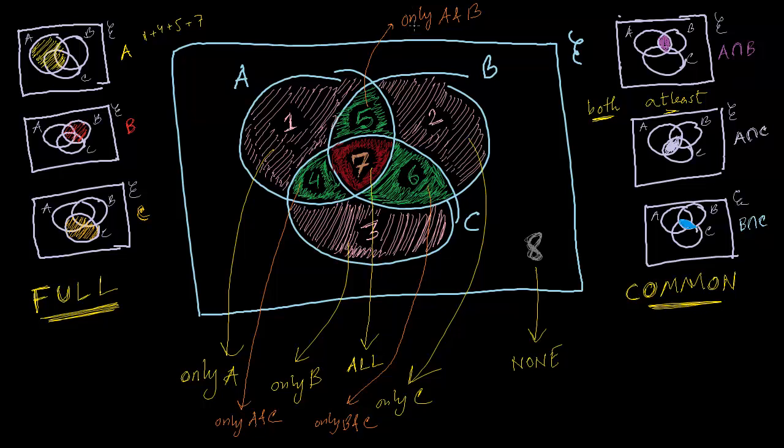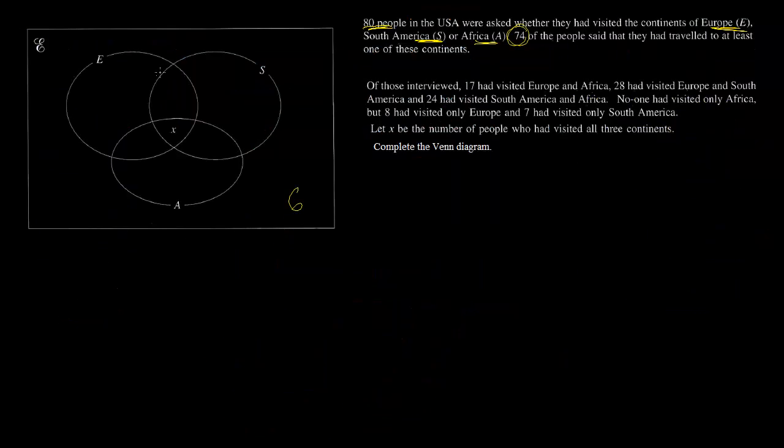Which region? Are we talking about the entire one or just this region 5? Here it means this entire Europe and Africa is 17. So this region should be 17 minus x, because the common intersection of all is x. So this is 17, Europe and Africa, and this is 17 minus x.